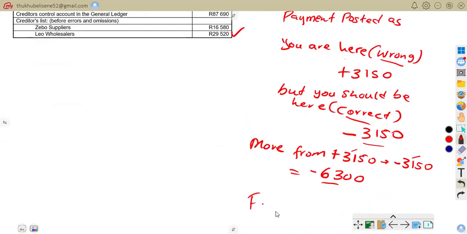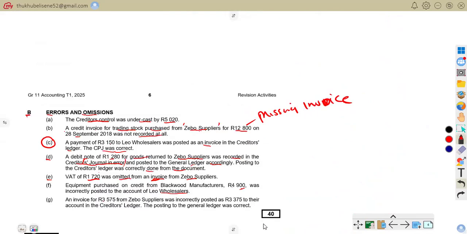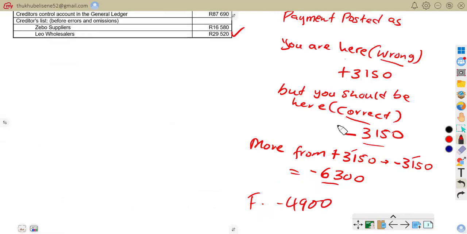So the amount of that equipment, we are to minus 4,900. We have to remove that because it was incorrectly posted to the account of Leo wholesalers. So that is that.